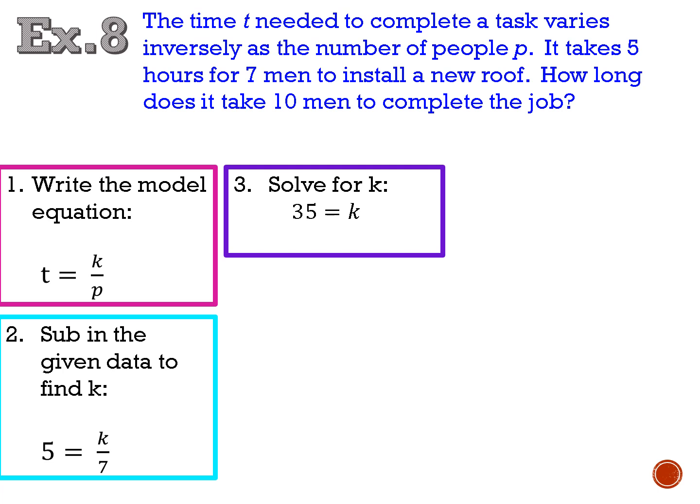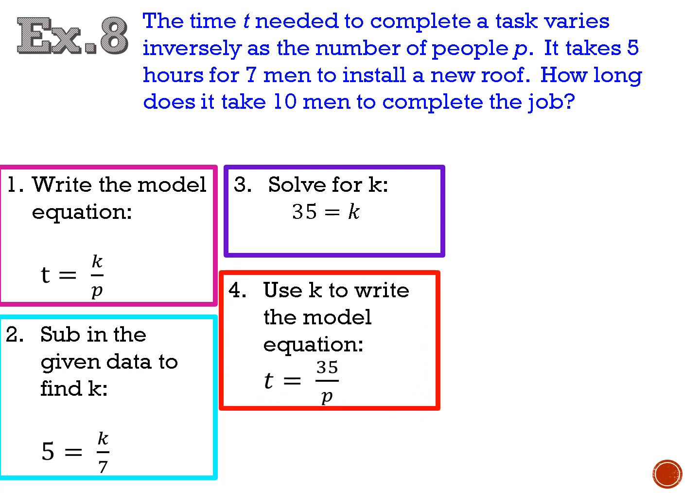Okay, so really nothing new here. We've got our k. Now we're going to take our k and plug it back into our model equation, and I get t is equal to 35 over p. Yay, we've got the model equation, but we're not quite done. It then asks, how long does it take 10 men to complete the job? So if I add 3 more guys to your roofing install, how long is it going to take?